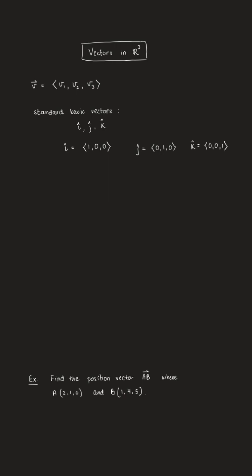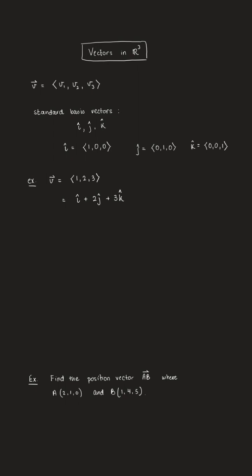And any vector in R3 can be written as a linear combination of i hat, j hat, and k hat. For example, if we have the vector in R3, let's call it v equals 1, 2, 3, we can write this position vector using these brackets, 1, 2, 3, or we can also write this as 1 times i plus 2 times j plus 3 times k.